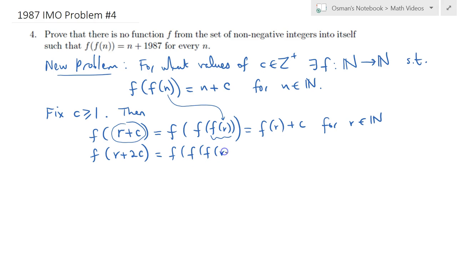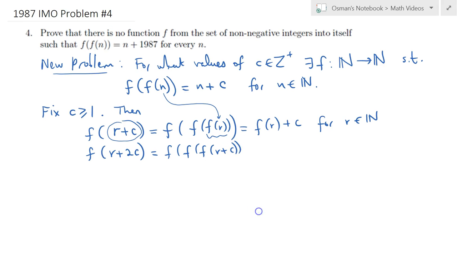That one would simply be equal to f of r plus c, right? So basically what I did is I rewrote this as r plus c, and recalling the definition here, it's as if I replaced the n with r plus c. That's my n. So as a result, I can just rewrite it like this.